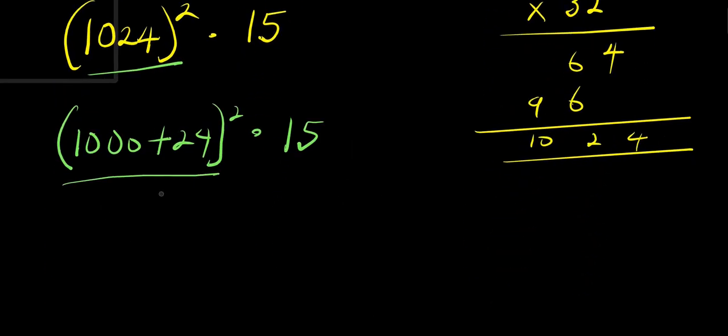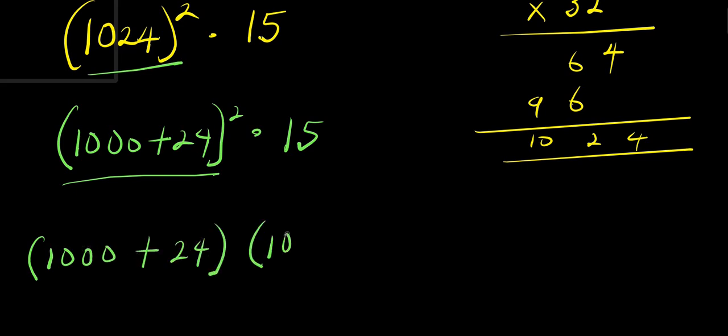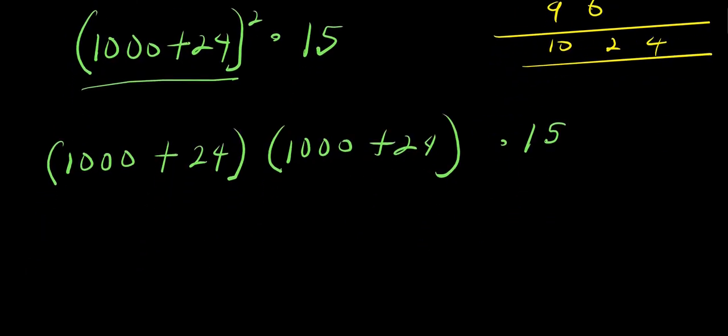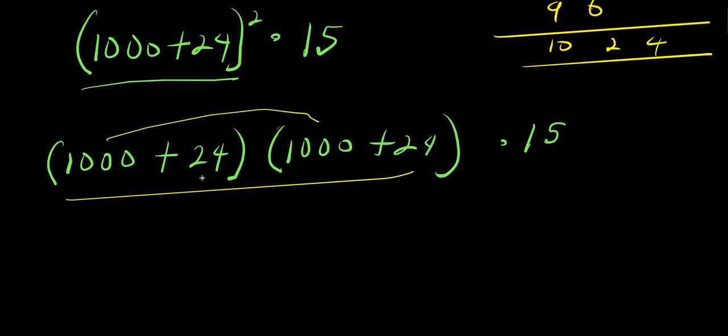And this means 1000 plus 24 times 1000 plus 24 times 15. So this 1000 times 1000, 1000 times 24, 24 times 1000, 24 times 24.